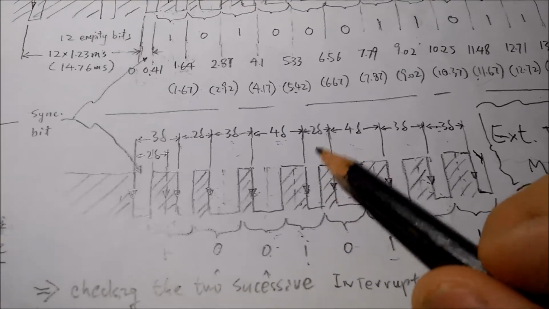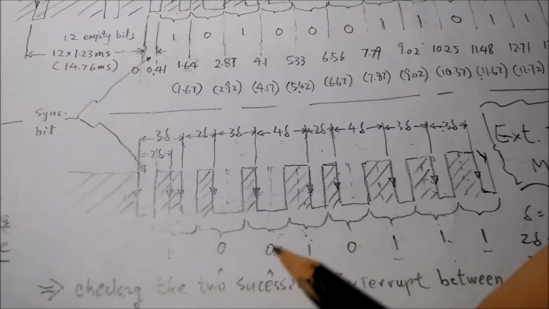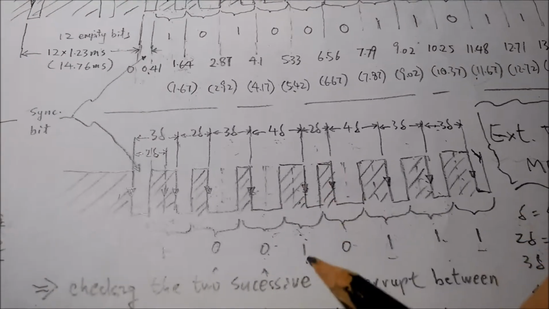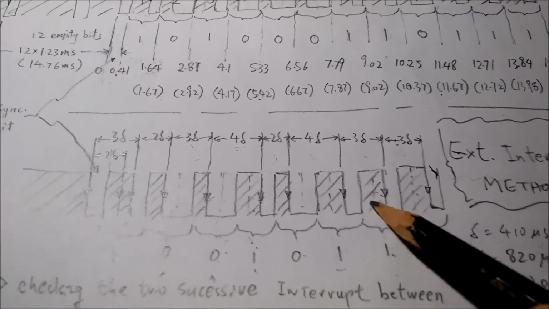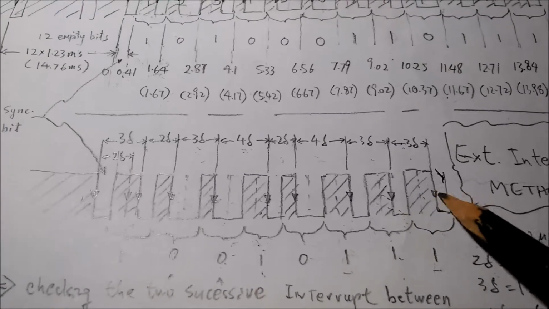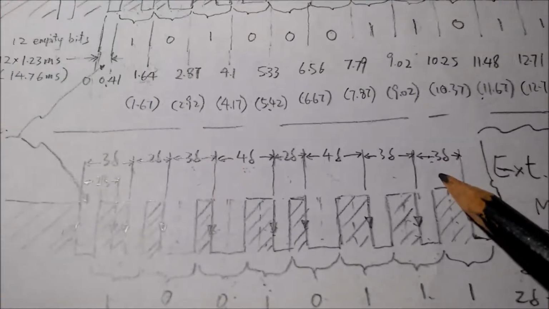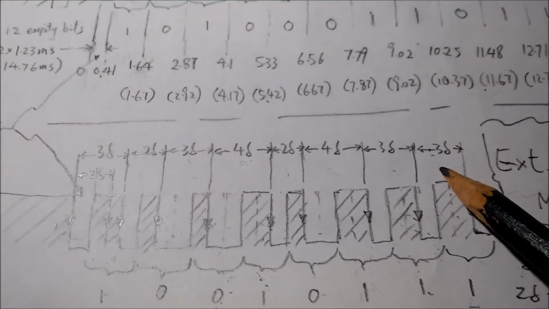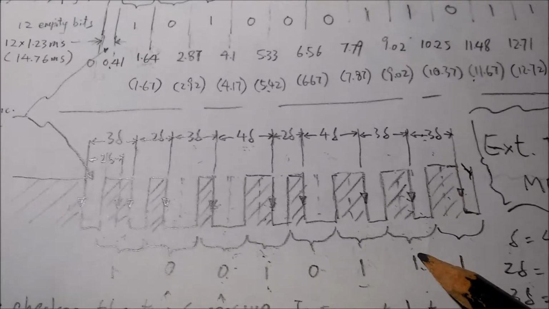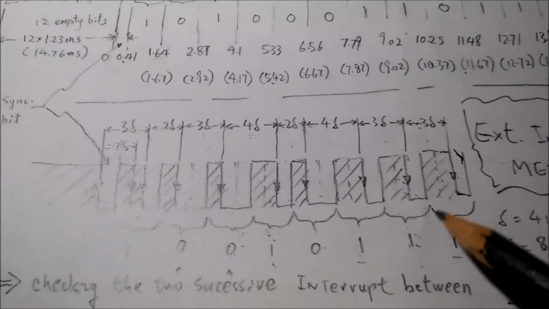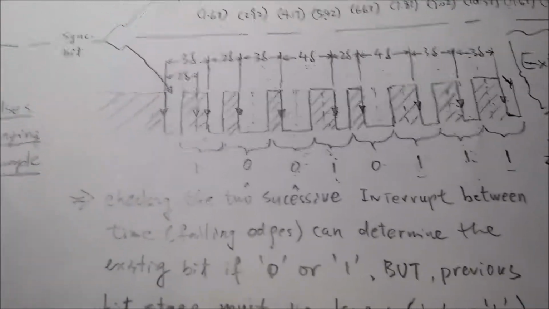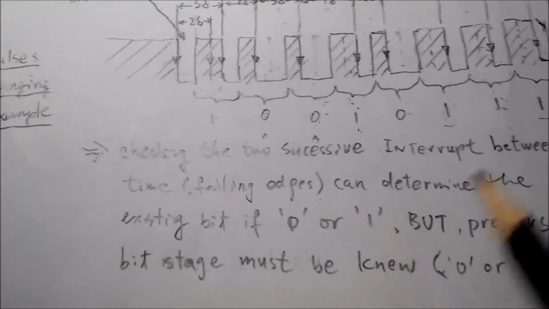So if this is 2 delta and also the previous bit is 0, then this is a 1 bit. But if these two falling edges are 3 delta, but the previous bit is 1, then this is 1. So here I mentioned this.